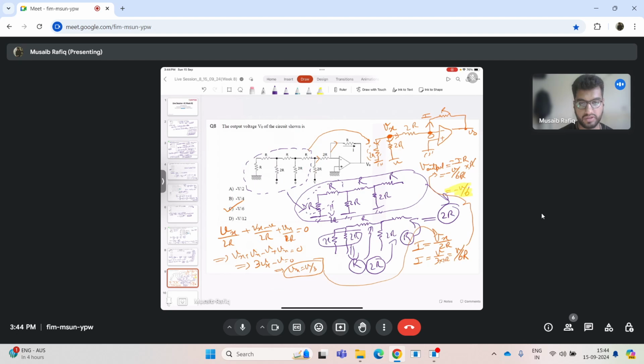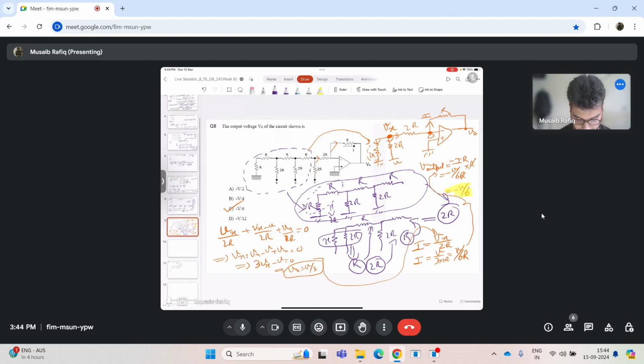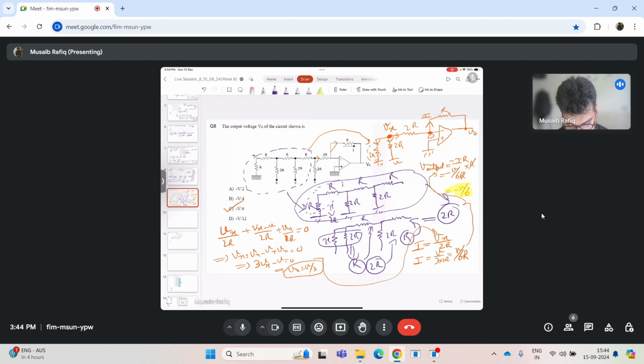Any doubts, any questions? So what we did here is I reduced this part to this. After that I did nodal analysis, called this point as Vx, wrote down this equation, and from that I got Vx equal to V by 3.